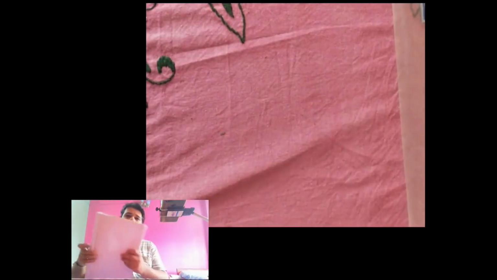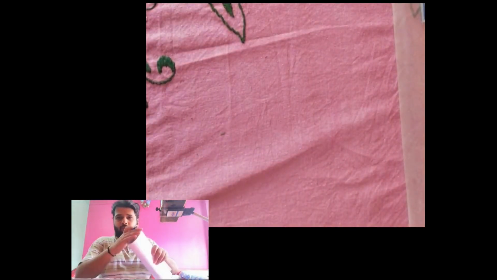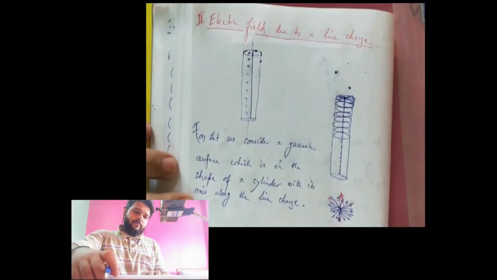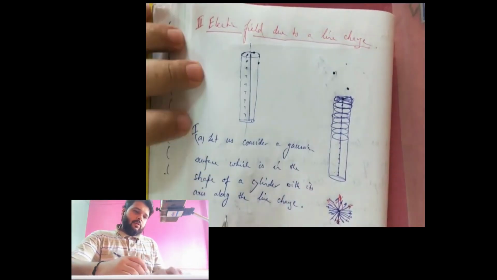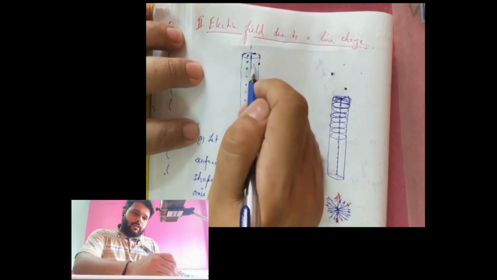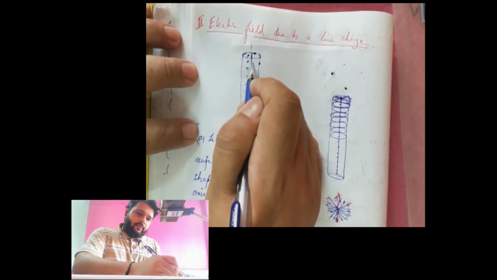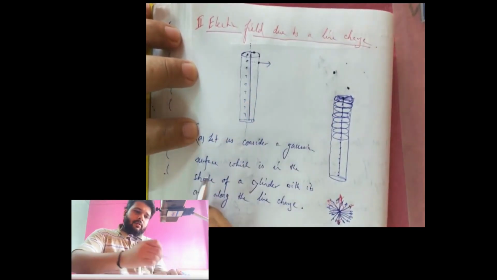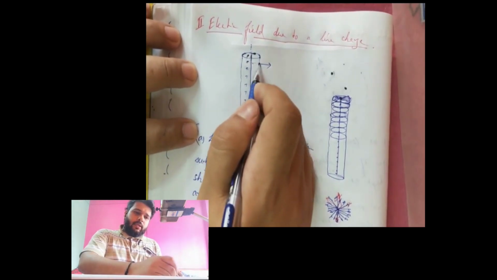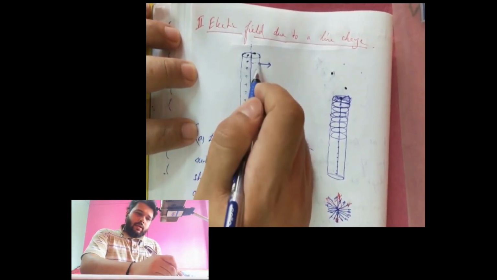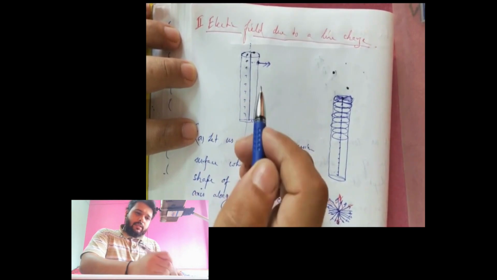Suppose if this is a cylinder, so there is a top surface, a bottom surface, and the curved surface. Okay, so for these curved surfaces, we find that for this point the electric field lines will be in this direction and the area vector will also be in this direction.